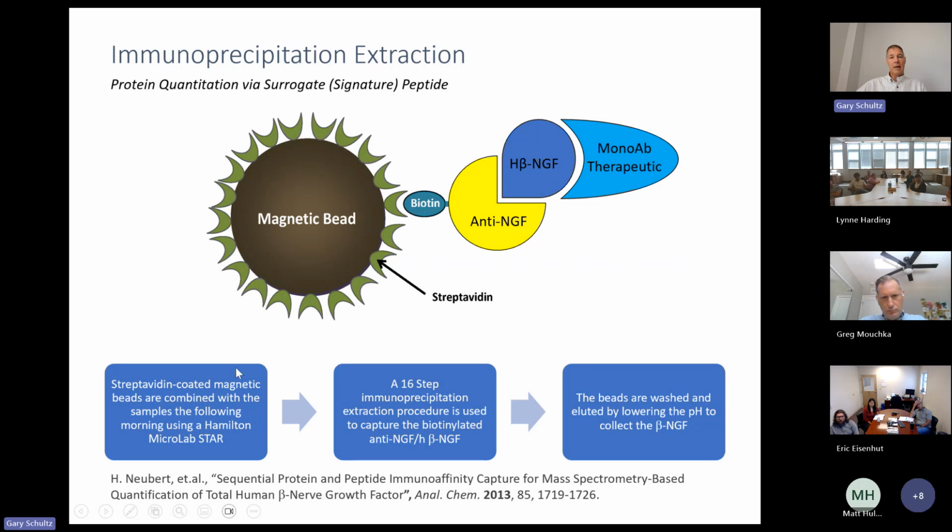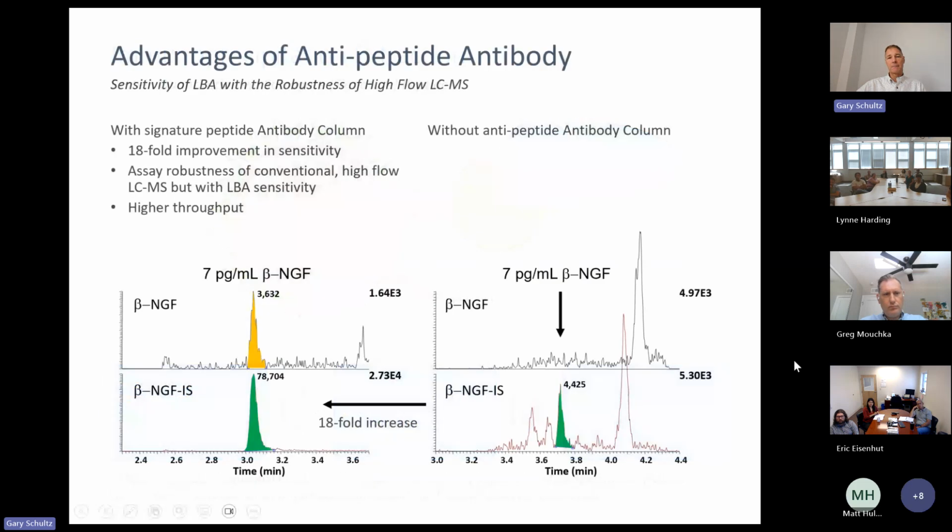And after we capture that complex, we then can wash the beads and elute this protein, and then go through a 16-step extraction procedure to then do our best to isolate this peptide or this protein. We then digest this captured protein with a heavy labeled peptide for the internal standard, and then analyze that with LC-MS.